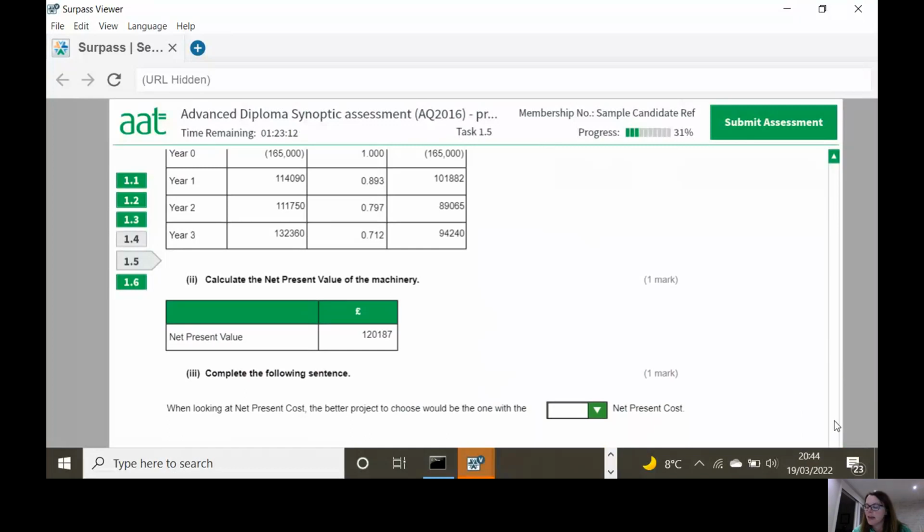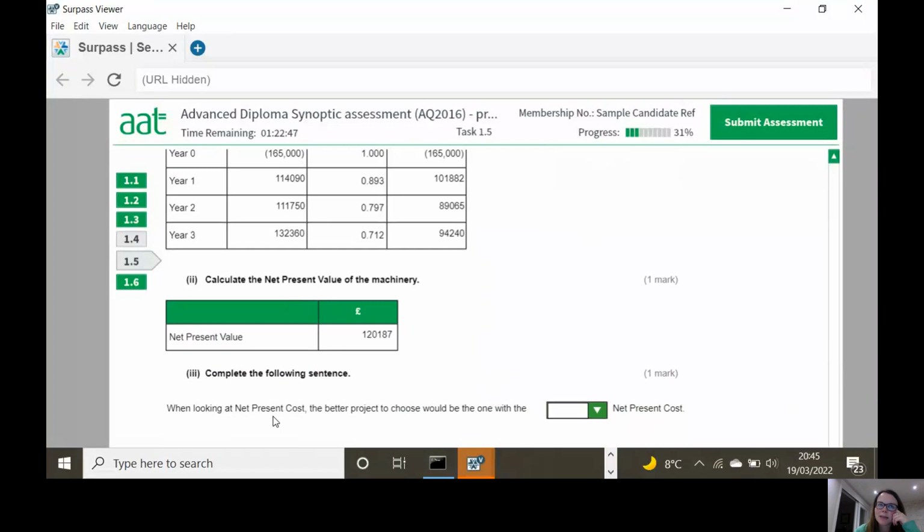Right, then this bit at the end says, when looking at net present cost, not value, cost. Right, so normally we've been used to seeing net present value. So with net present value, you accept if it's positive, because obviously the higher the better. You're looking at money flowing into the business.